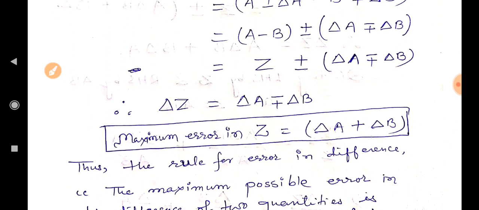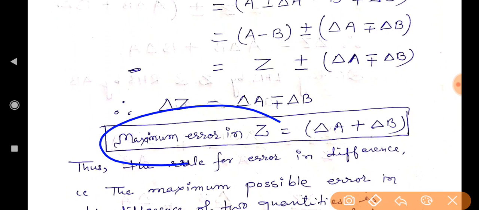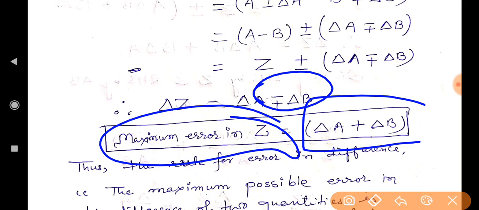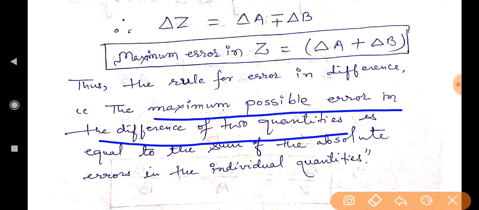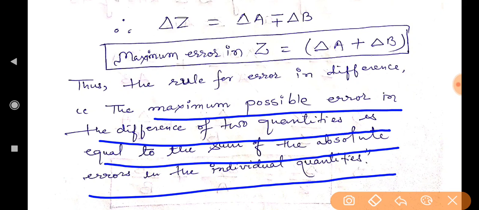Rearranging, you can say that the maximum error in z, neglecting the minus sign, will be delta a plus delta b. Hence the rule for error in difference is: the maximum possible error in the difference of two quantities is equal to the sum of the absolute errors in the physical quantities.